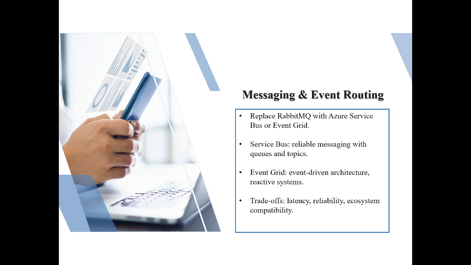Service Bus is good for reliable queues and topics. Event Grid works well for event-driven systems. In the third point, we can see Event Grid, event-driven architecture, and reactive systems. Moving to these services means better integration with Azure.